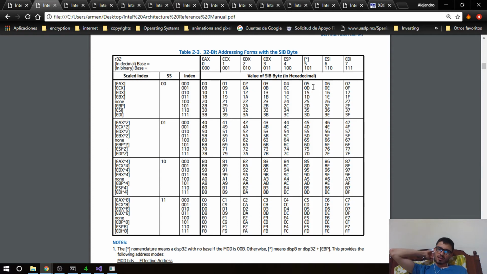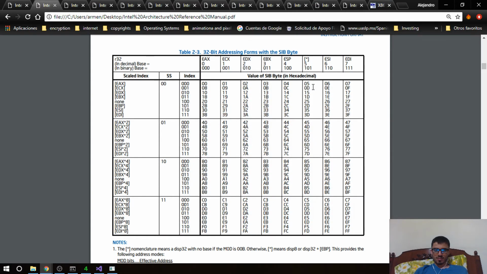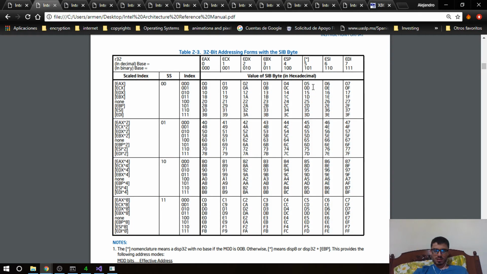Now we have 0x5, 0xd, 0x15, 0x1d. It's 5, isn't it? Yeah.